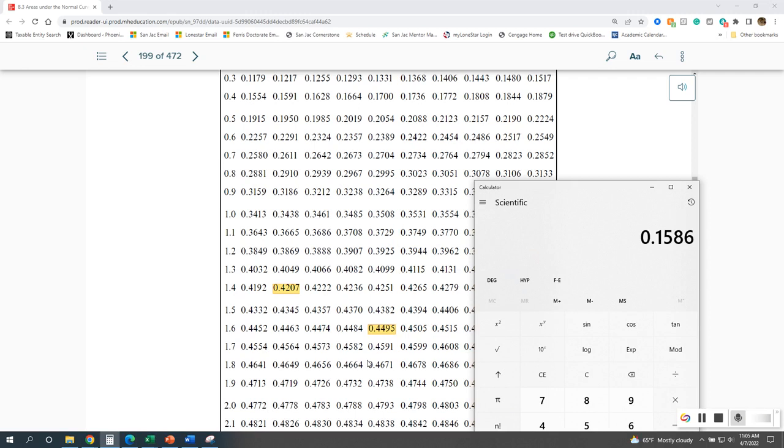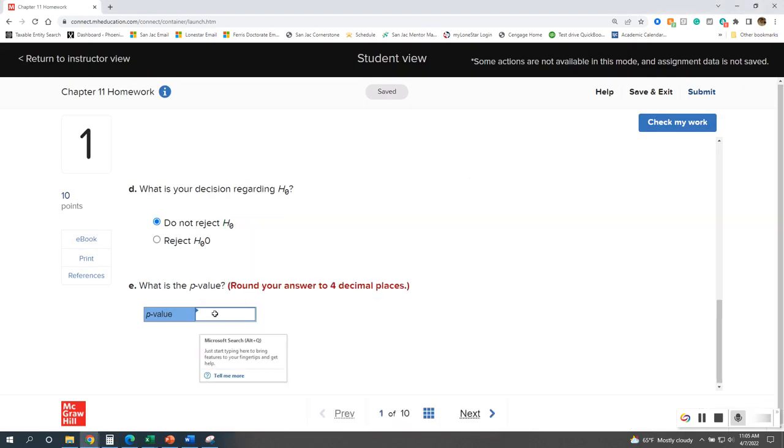Shows that our p-value is actually 0.1586, which means there's almost a 16% chance of a testing error. If we accept the null, that could be wrong. Yes, fun stuff. Probability of that.